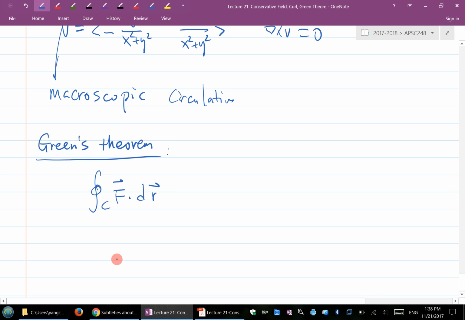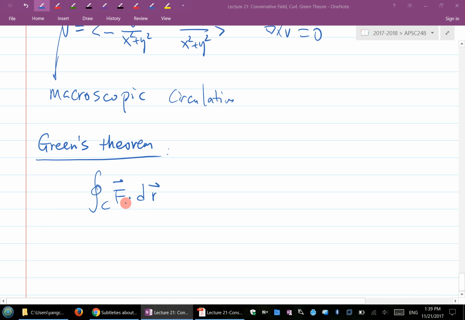Then we looked at another special situation, which is when the vector field is a conservative field. If C is closed, then it's 0. If C is not closed, then you use the fundamental theorem for vector calculus to calculate, by finding the potential function.